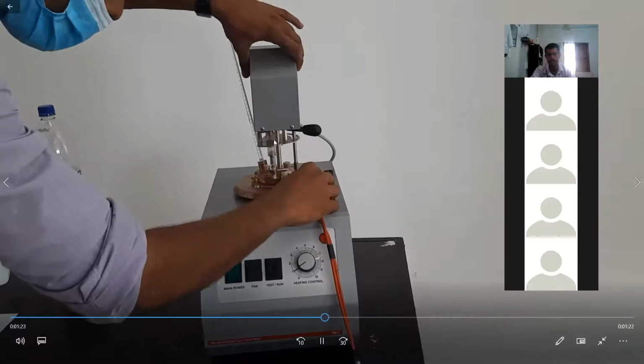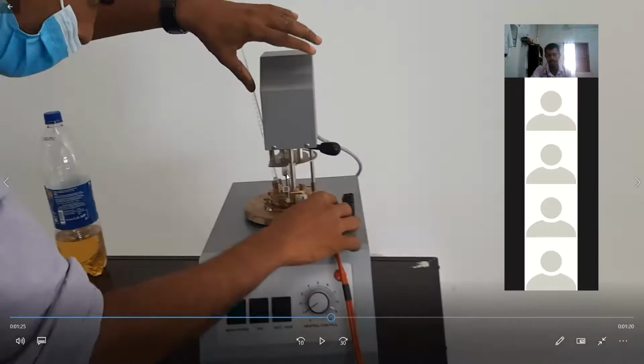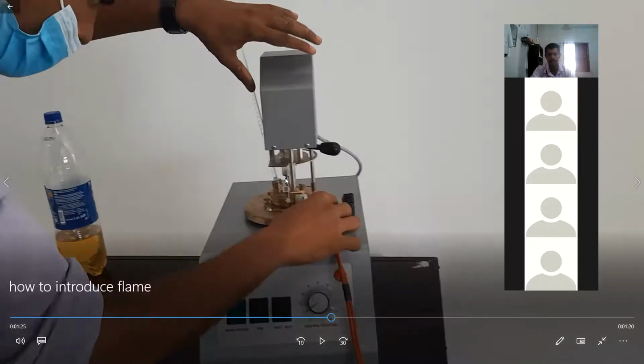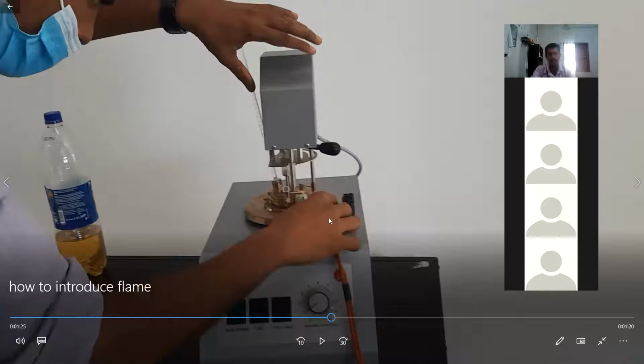Now you can see that the motor shaft and the stator shaft will be connected using that plastic shaft or something. Then if we start the motor, it will mix the sample.